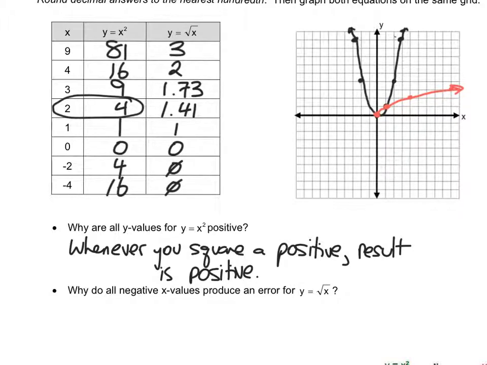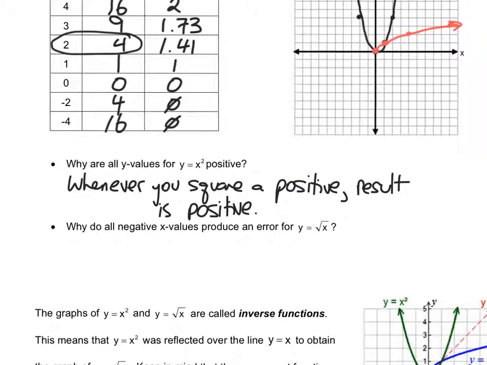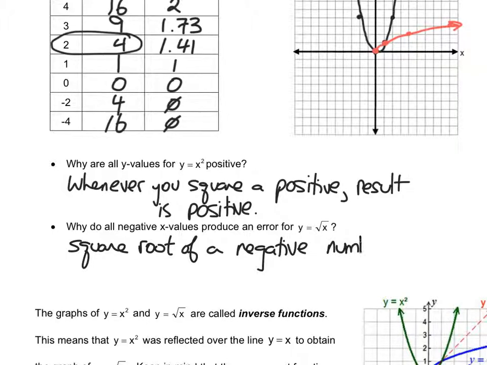Why do all negative x values produce an error for y equals the square root of x? What happens whenever you take the square root of a negative number? The square root of a negative number does not exist in the real number system.